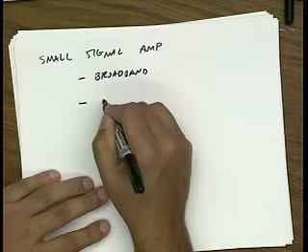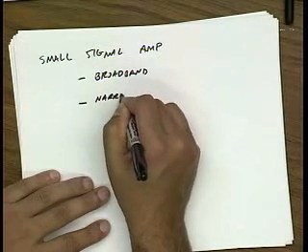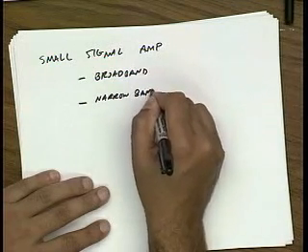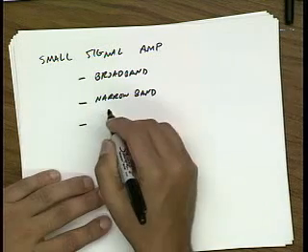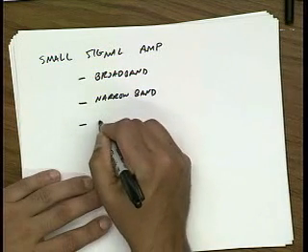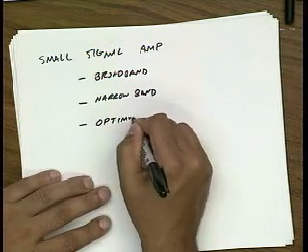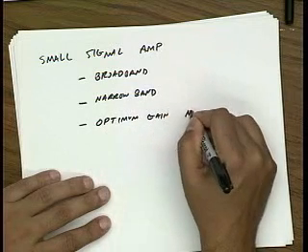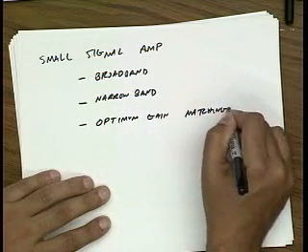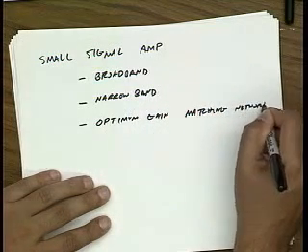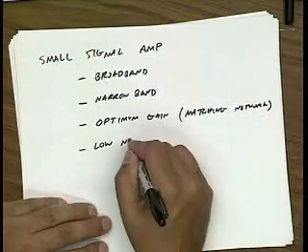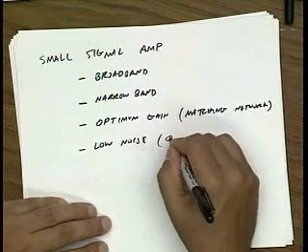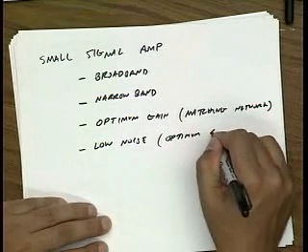We know how to make them narrowband by using inductors and tuned networks. We also know how to use matching networks to get the optimum gain. And now we also know how to make them low noise by simply doing an optimum source match.